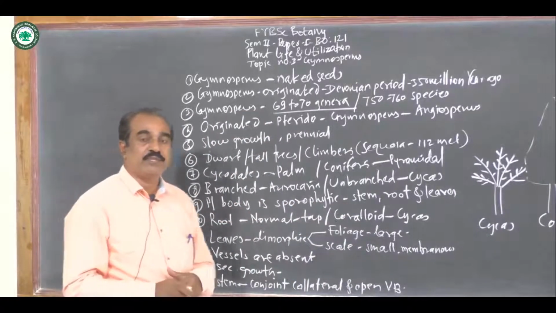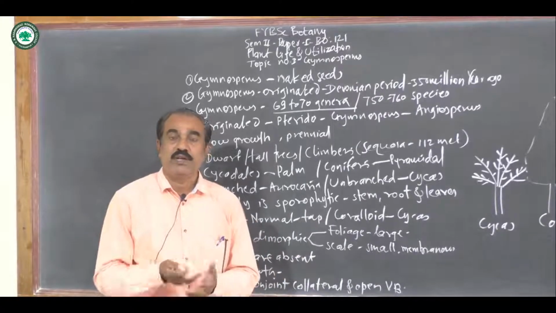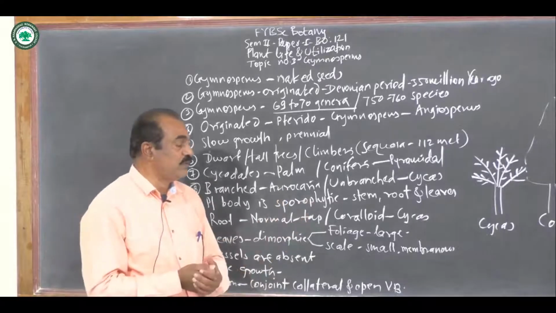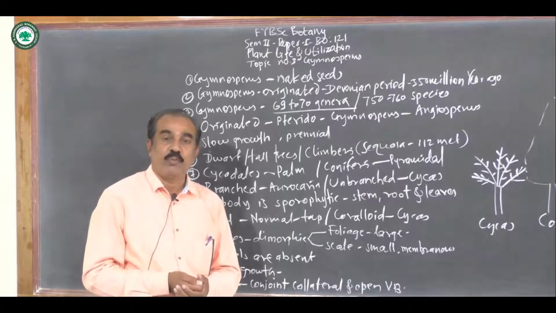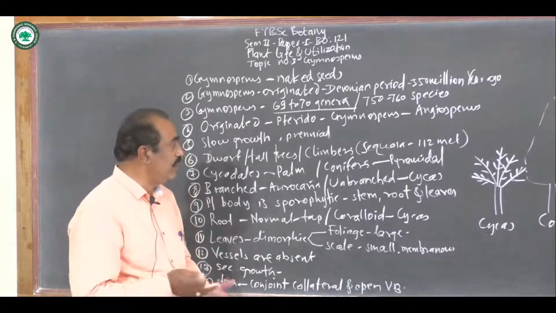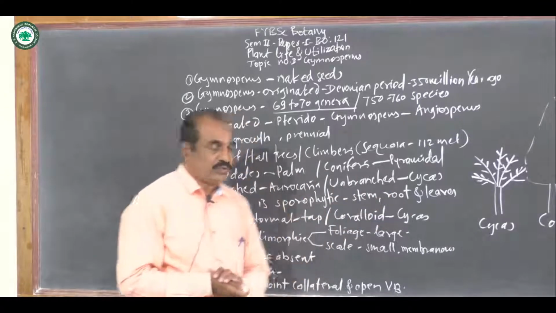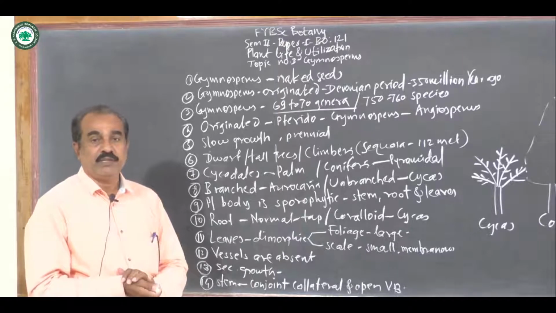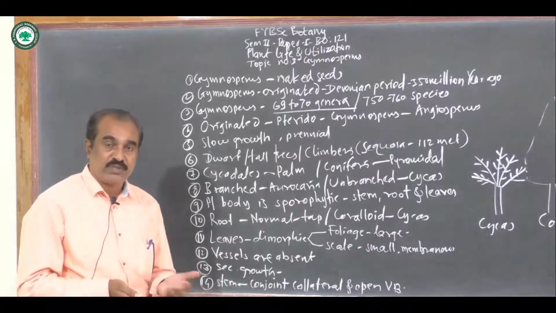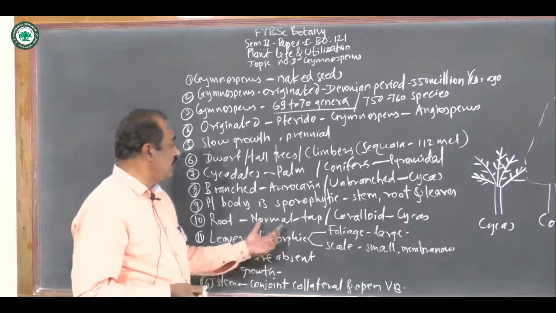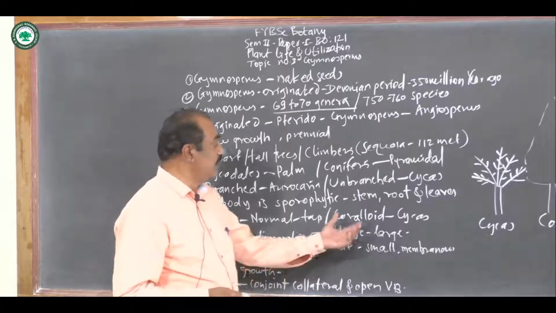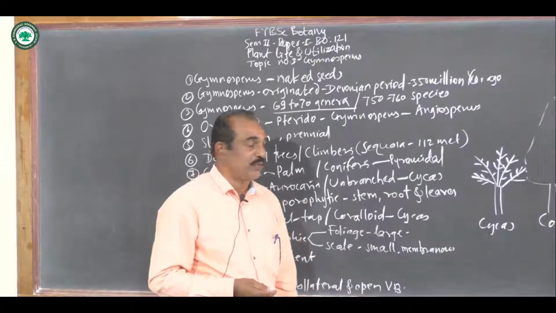In the life cycle of the gymnosperm, there are two generations, that is sporophytic generation and gametophytic generation. What we call the gymnospermic plant is the sporophytic plant, and it is well developed into root, stem and leaves. Now next, two different types of roots are found in some species of the cycas. For example, there is a normal tap root system, which is a deep going root system, while coralloid roots are also seen.